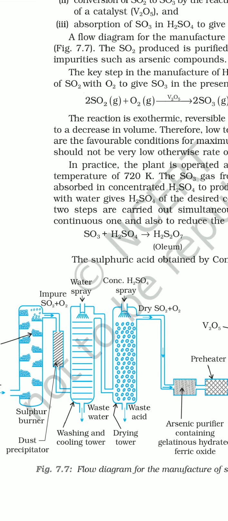In this dust precipitator, all the dust and all the impurities which are present are removed, and sulfur dioxide and oxygen then enter another tower which is known as the washing and cooling tower. Here in this tower, water is sprayed from the top.